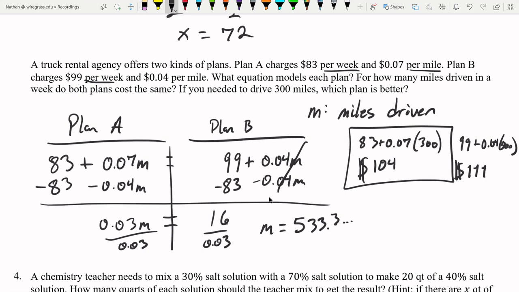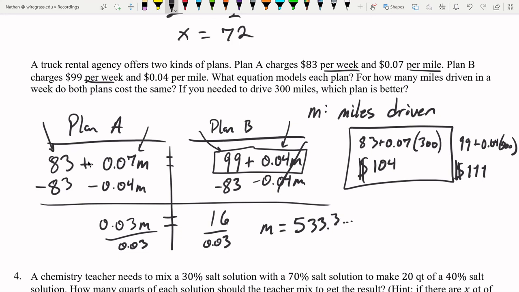And that is clear from the fact that you have a lower starting cost. 83 is lower. However, in the long run, for very long distance trips, the per mile cost is what you always want to follow. So in the long run, plan B is better because it has a lower per mile cost.